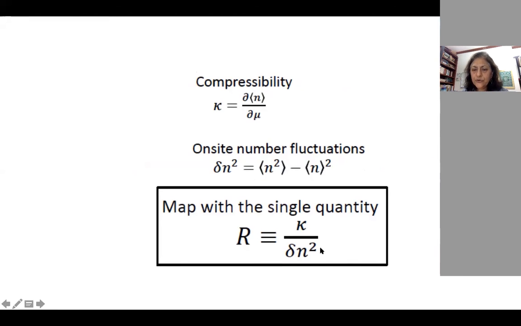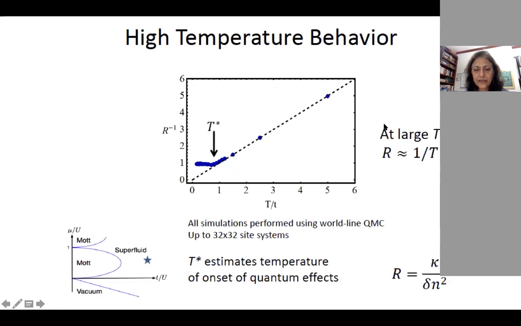And I'm going to normalize kappa, which is a measure of longer range response functions, or you can think of it as a Q equal to 0 response. And I'm going to just normalize it with local on-site number fluctuations. Okay, and I'm calling this a quantity R. And using this R, remarkably, you can start to get a grip on quantum criticality.